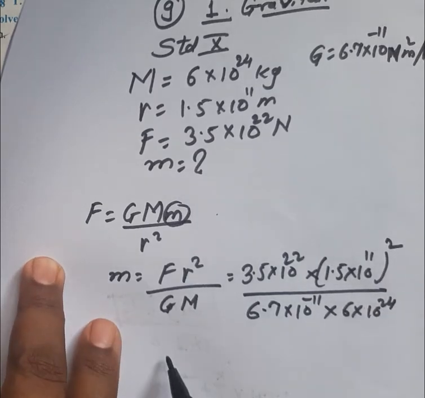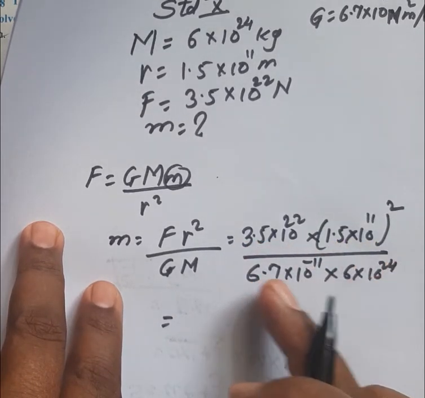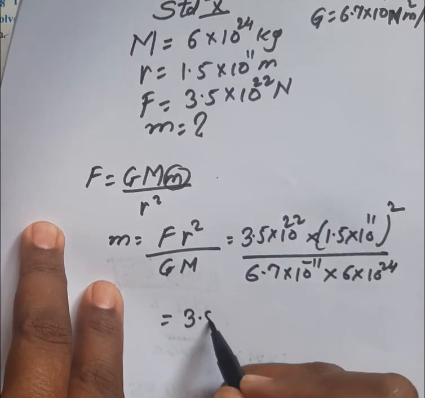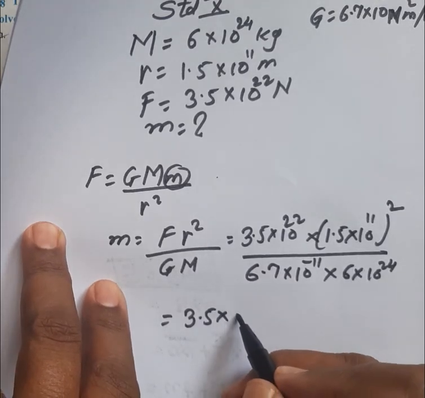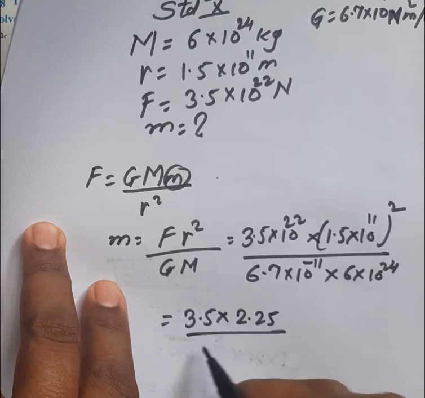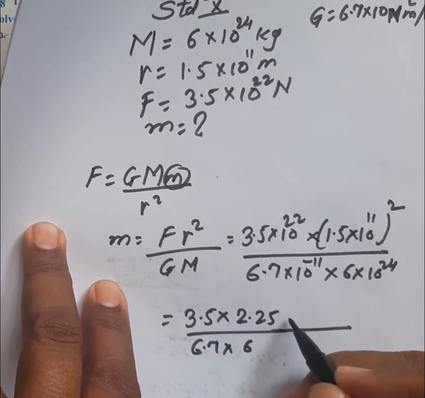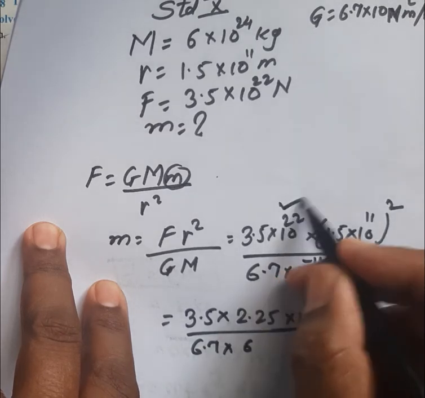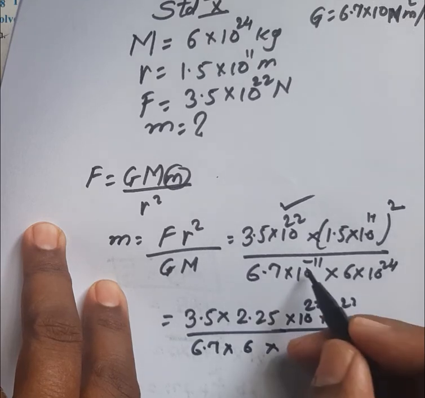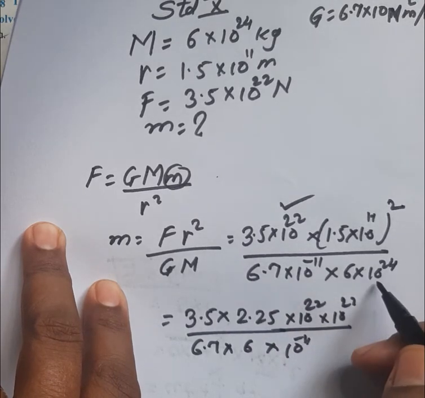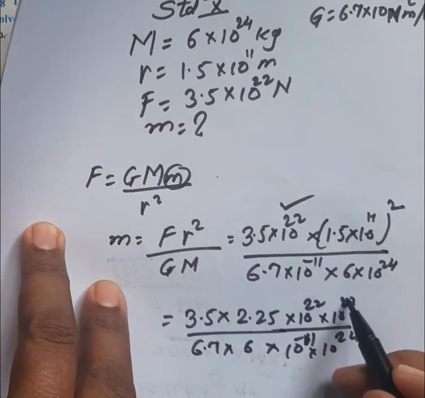First I will take the numbers 3.5, 1.5, 6.7 and 6 on one side. 3.5 multiplied by 1.5 square, that is 2.25, upon 6.7 into 6. Now I will take the powers of 10: 10 raised to 22, 11 into 2, into 10 raised to 22 multiplied by 10 power minus 11 multiplied by 10 power 24. Understand what I have taken?